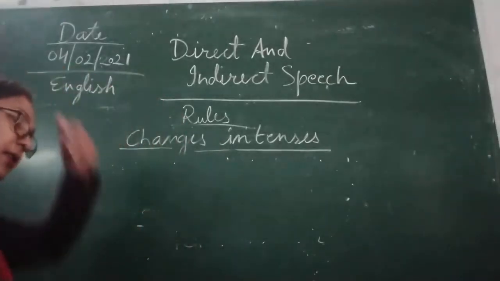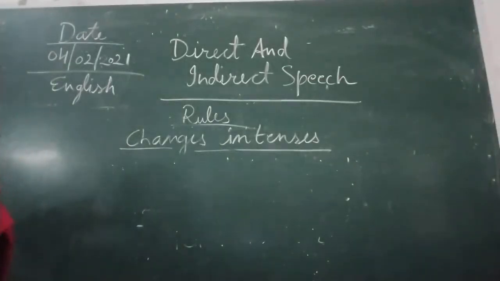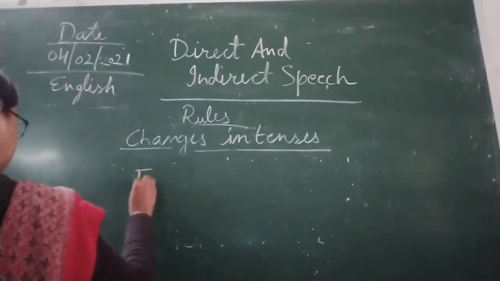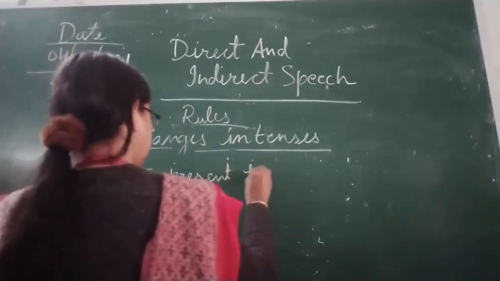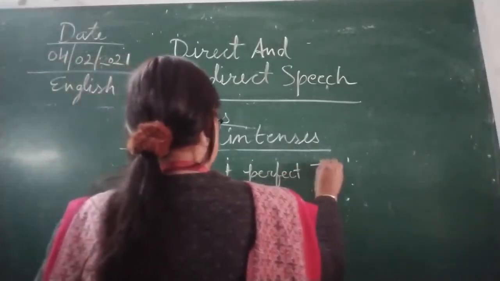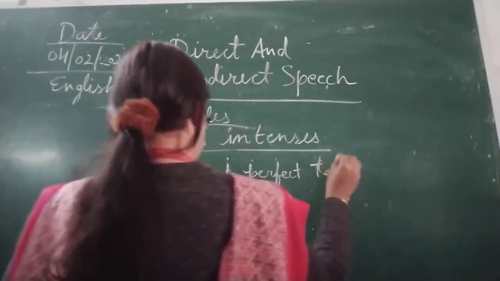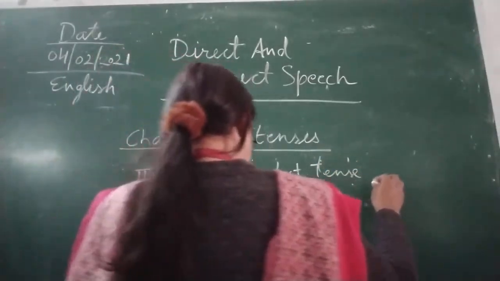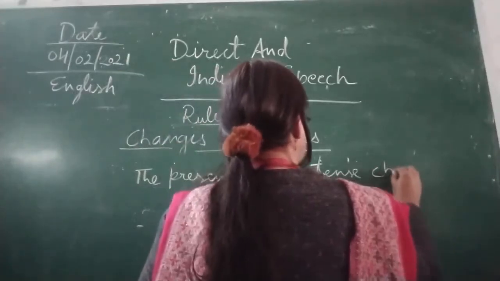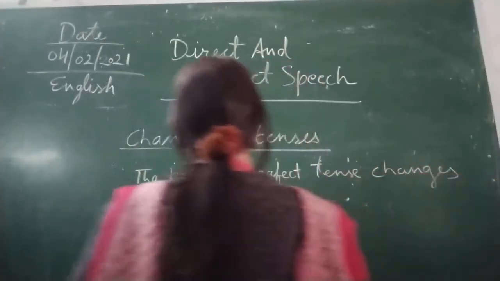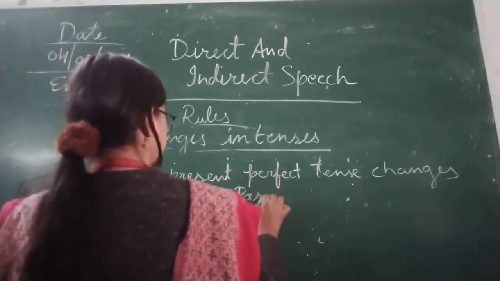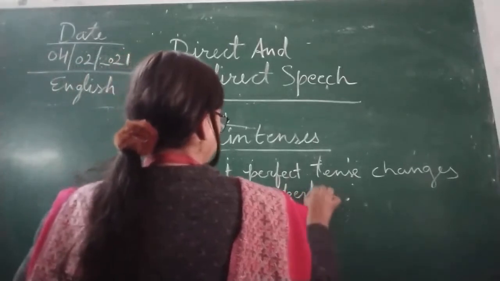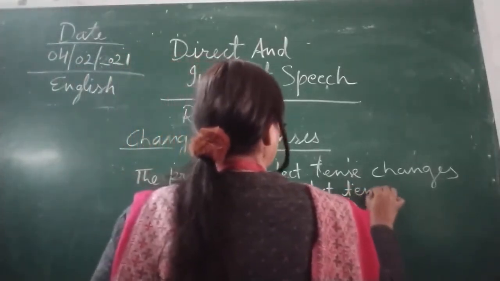So children, let us start another rule. The present perfect tense changes to the past perfect tense, children.